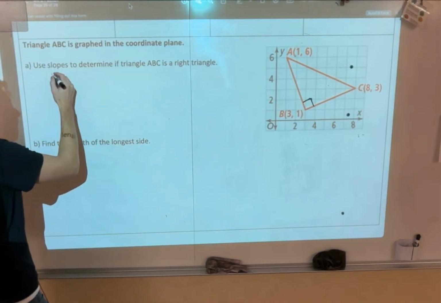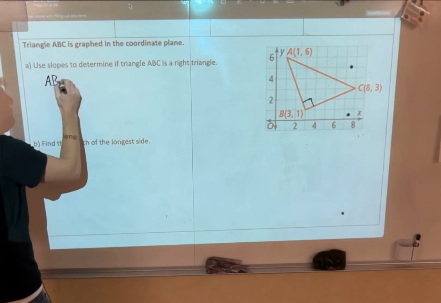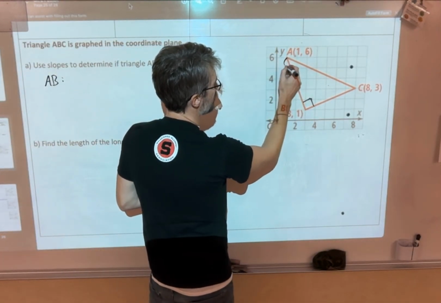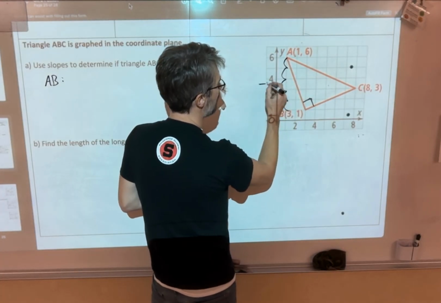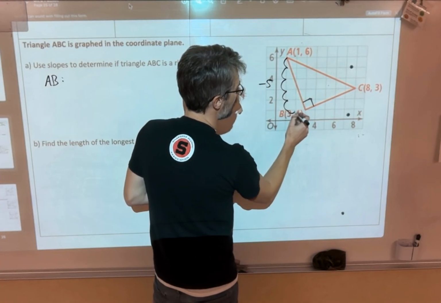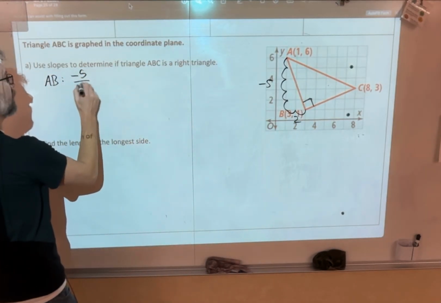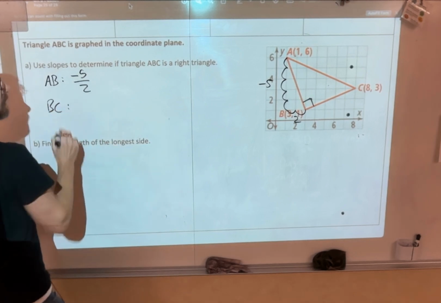So if I go from A to B, for AB, the slope, if I start here, it's 1, 2, 3, 4, 5, so minus 5, and then 1, 2 over. So our slope is negative 5 over 2. Then the next one is BC.